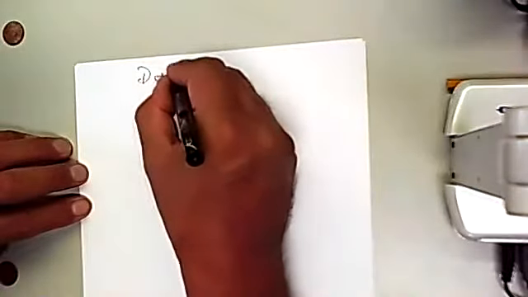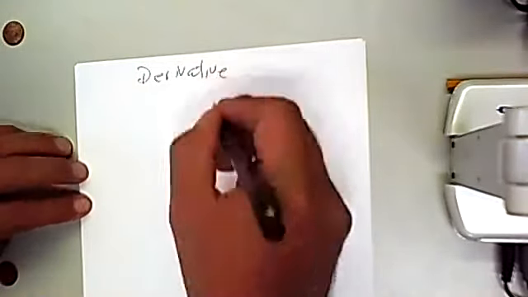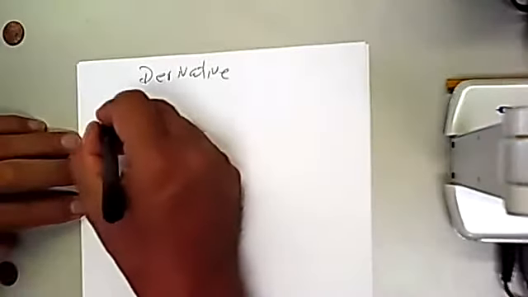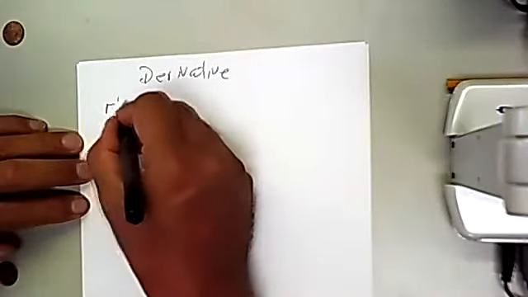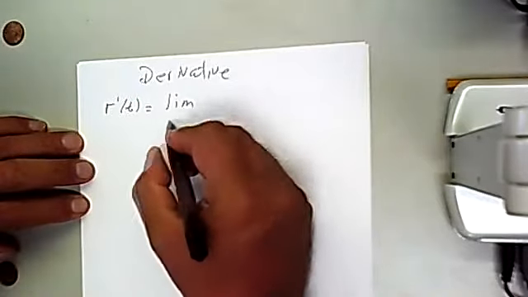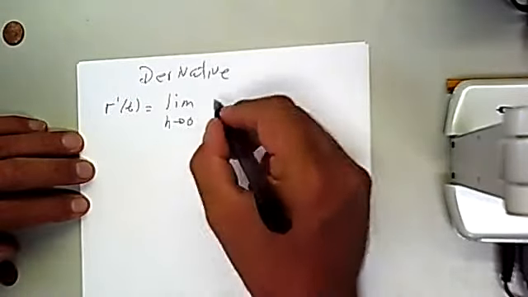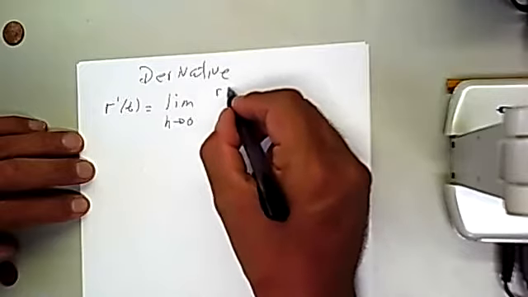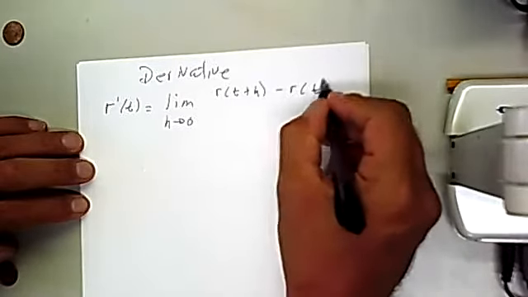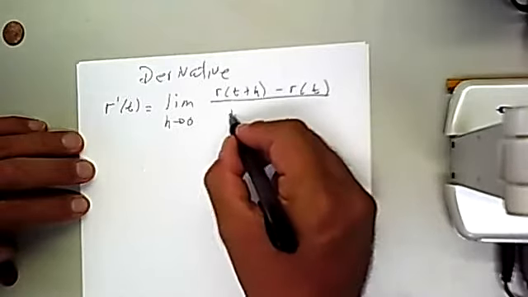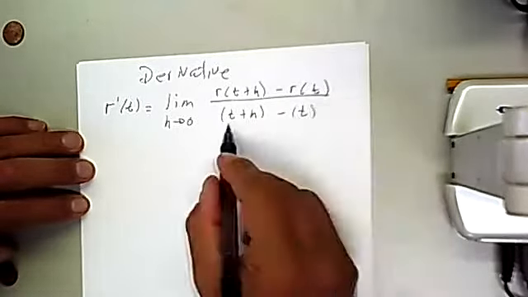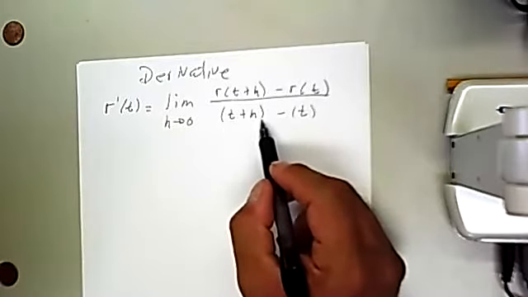Let's start with the derivative. As we know, the derivative is defined as the limit as h goes to 0 of r of t plus h minus r of t over t plus h minus t. Of course, the denominator simplifies to just h.